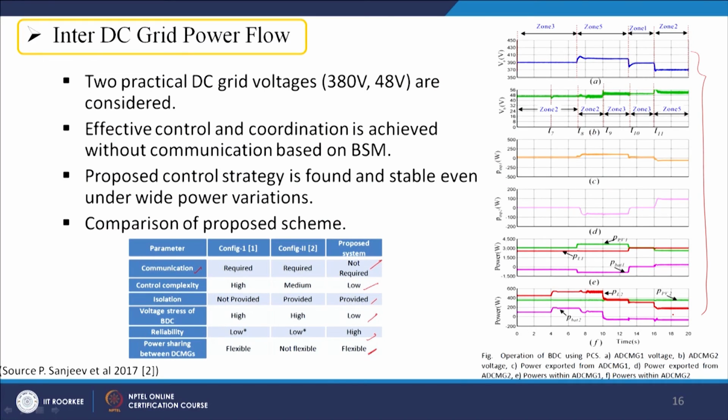So, here we are now putting both the DC microgrids together simultaneously. We can clearly see the voltage of my microgrid 1, which is around 380 but varying, and this is for my microgrid 2, which is around 48. Then we can see the power exported from my microgrid 1 is slightly exported, and you can say microgrid 1 is observing microgrid 2, and when it is importing, microgrid 2 is exporting.